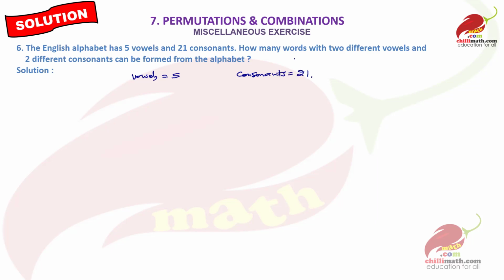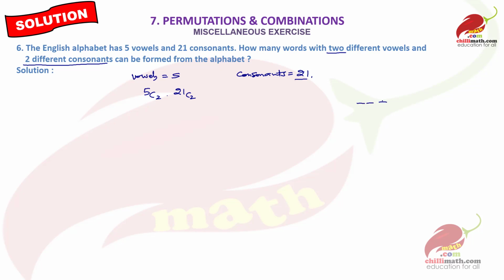Consonants 21. We need 2 different vowels, can be done in 5C2 ways, and 2 different consonants out of 21, 21C2 ways, and total number of words we need.